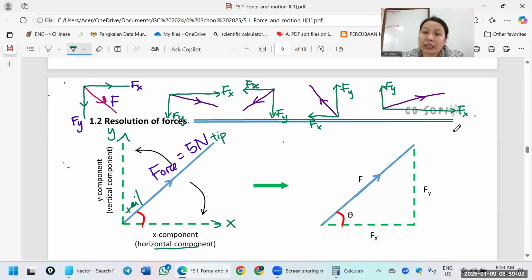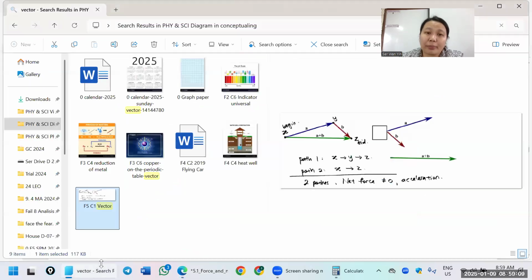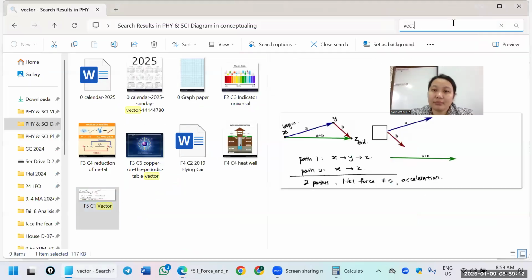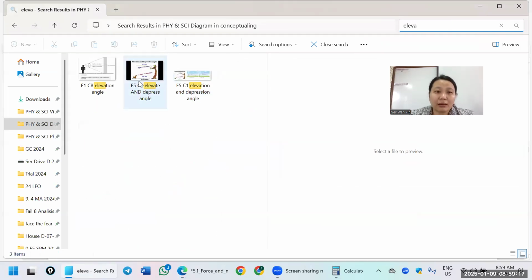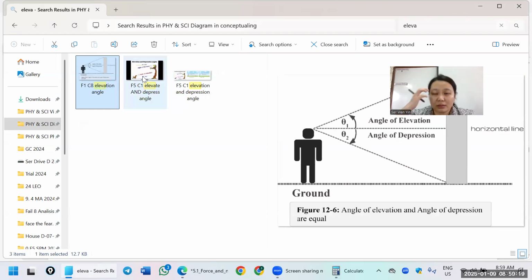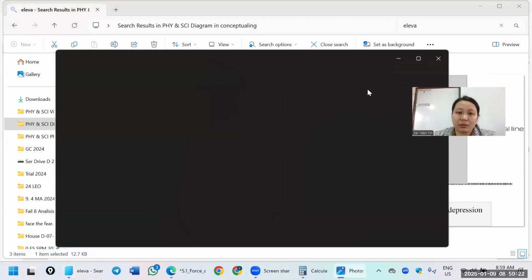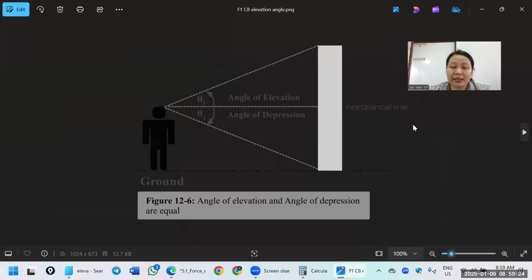Okay, then where is the angle? Angle we always use elevation and depression. Angle of elevation and depression. So elevation and depression always start from where? From the horizontal line.